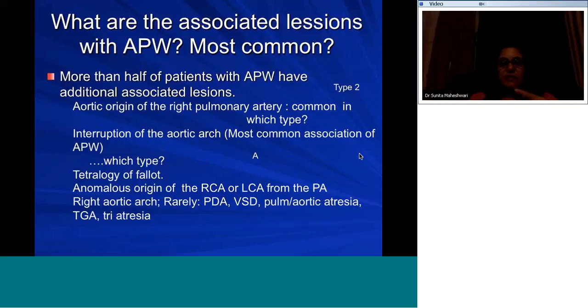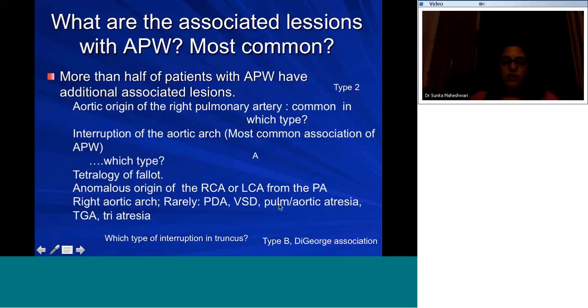You can have sometimes tetralogy of Fallot, anomalous origin of coronary arteries, and rarely PDA, VSD, TGA, and so on. But if you're asked, you need to know aortic origin of RPA and definitely interruption of the aortic arch, which is type A. Okay? Which type of interruption is associated with DiGeorge syndrome? Type B.